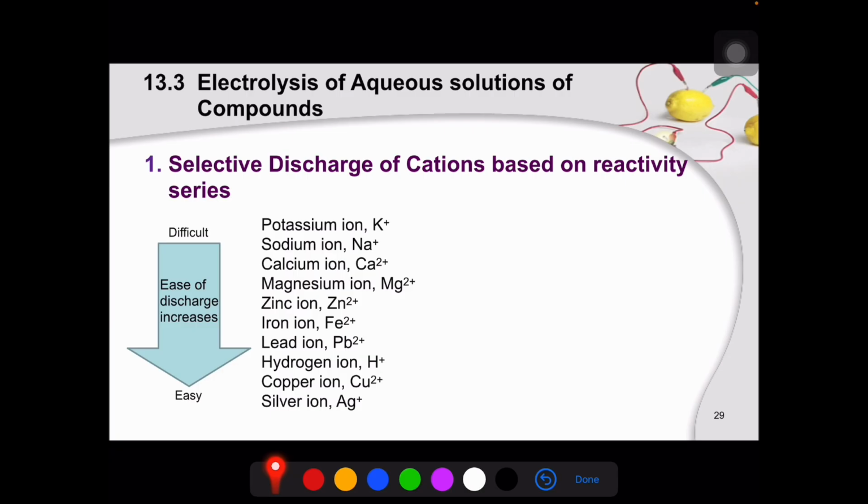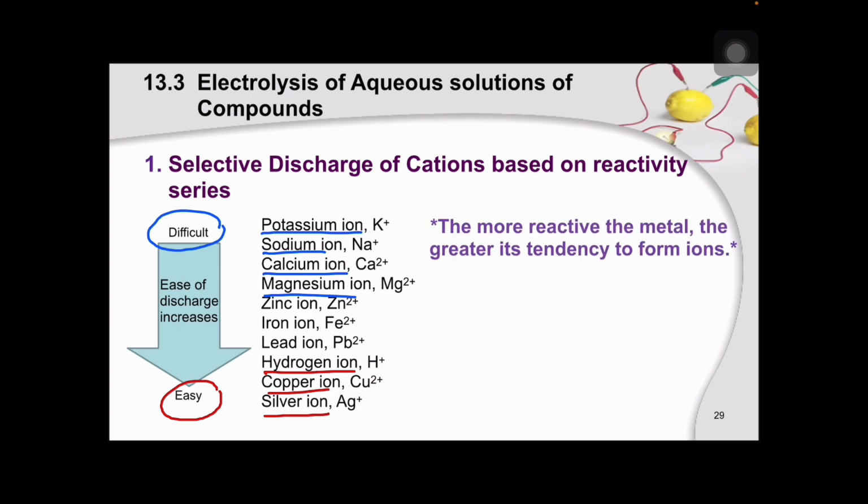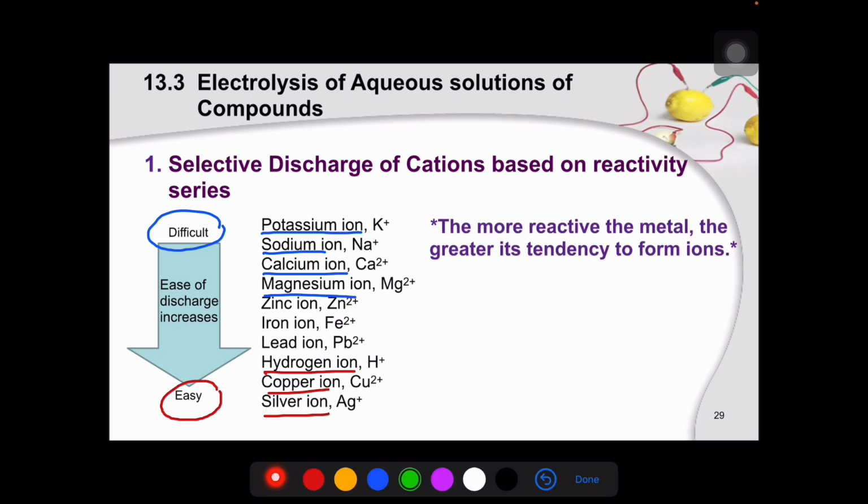First, on the selective discharge of cations. Now, we all know that cations have a way of being reduced at the cathode. So what this page is trying to show you is that there's actually a trend, and this trend is that it actually gets easier to discharge the ion if you are looking at silver, copper, hydrogen, etc., as compared to at the top here, whereby you have potassium, sodium, calcium, magnesium, etc. You will recall in the previous chapter that the more reactive the metal, the greater its tendency to form ions.